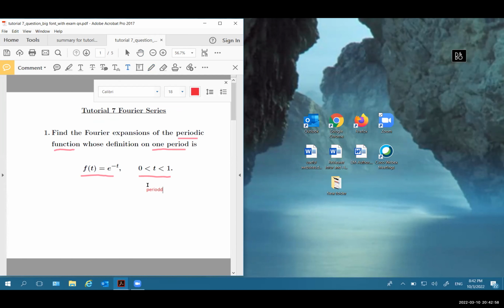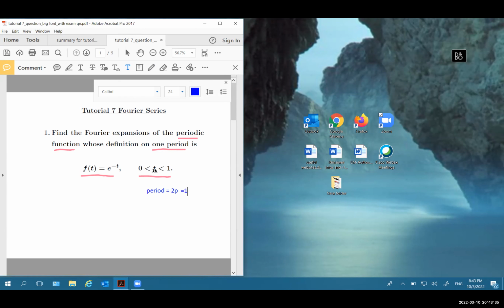Anyone, any idea? Class, they tell us, yes, it's 1. I cannot type, so we type here: it's equal to 1.